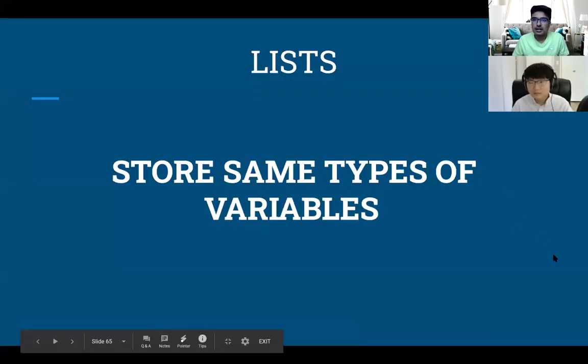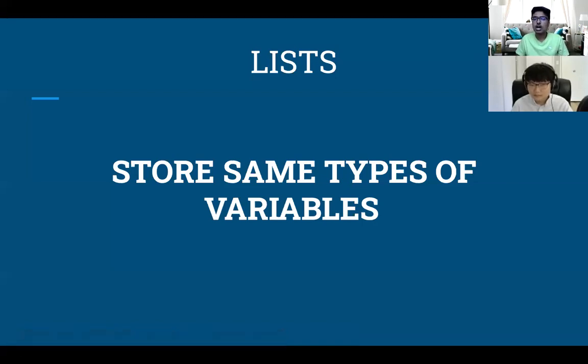All right. Now the second term which we want to go over today is lists. You might have heard them called arrays or lists, but the main idea is that these are areas which can hold a lot of data in one place.